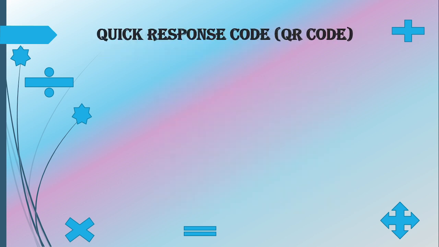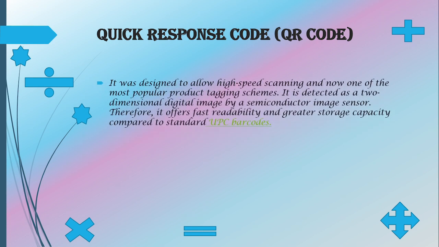Next, the Quick Response Code or the QR code. It was designed to allow high-speed scanning and is now one of the most popular product tagging schemes. It is detected as a two-dimensional digital image by a semiconductor image sensor. Therefore, it offers fast readability and greater storage capacity compared to standard UPC barcodes.